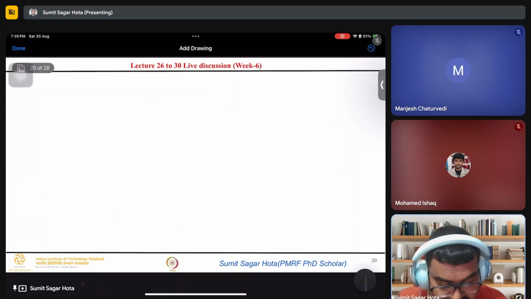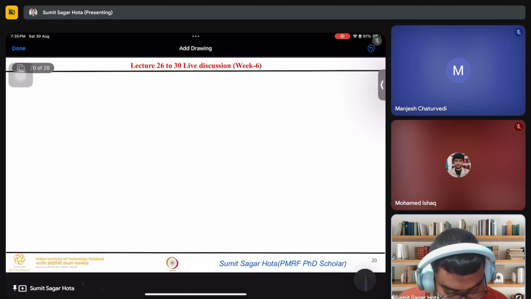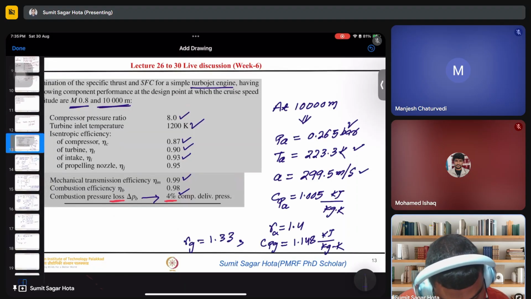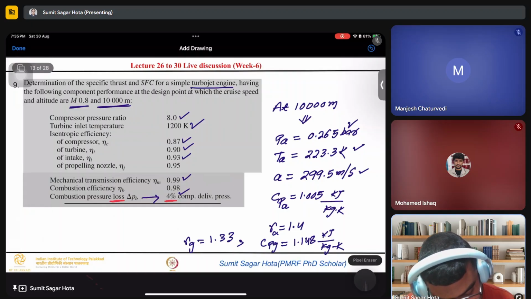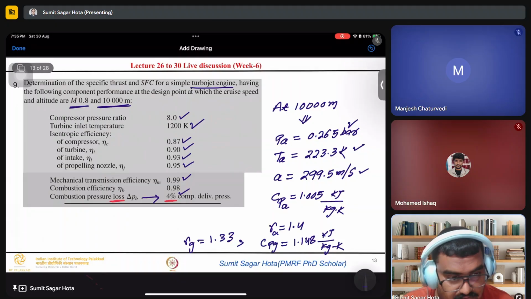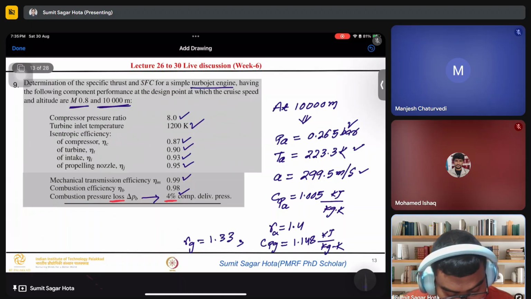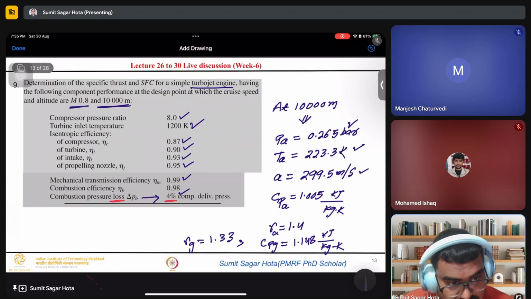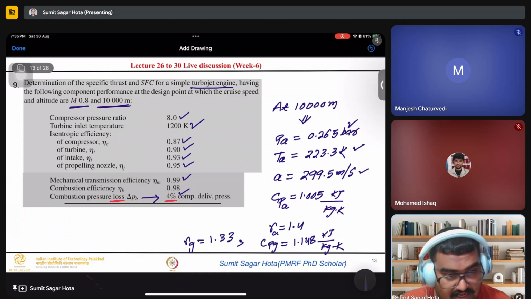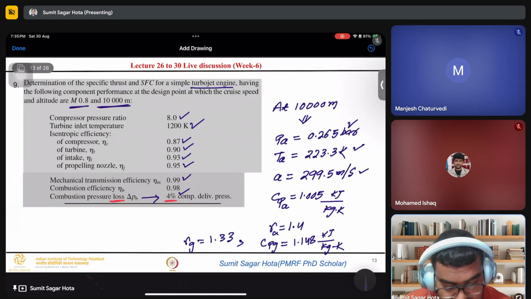In the question, they will directly give you the isentropic efficiency of the nozzle, 0.95. This kind of question can be asked in your exam, not this lengthy a question. We can take all the parts I have done, and each can be asked as a separate question.